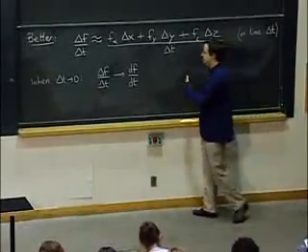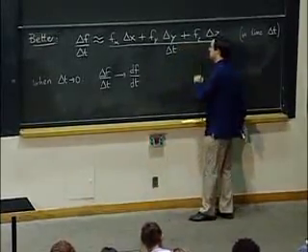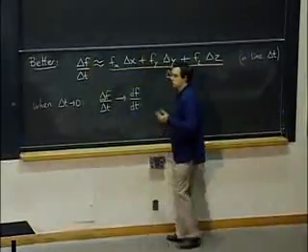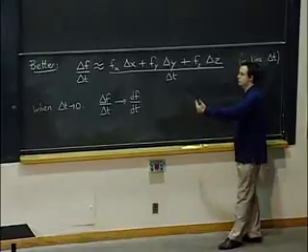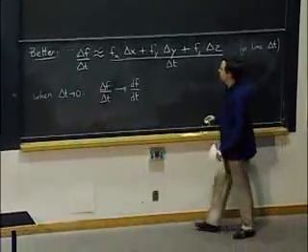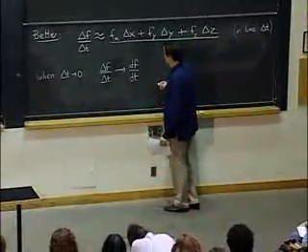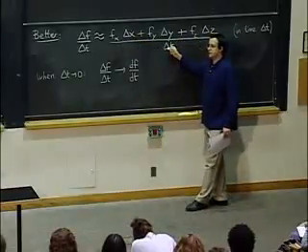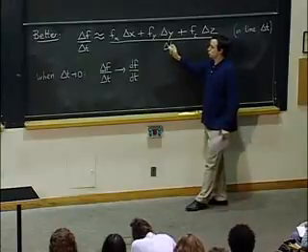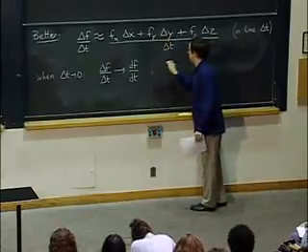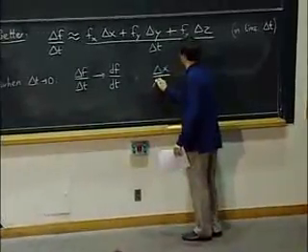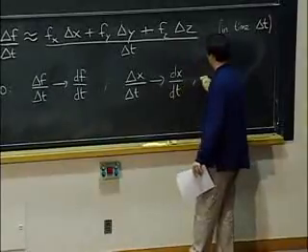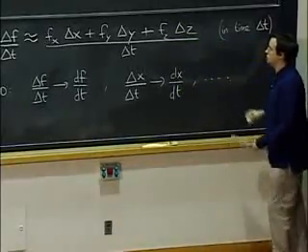So that means if I choose smaller and smaller values of delta t, then these ratios of numbers will actually tend to some value, and that value is the derivative. So similarly, here, delta x over delta t, when delta t is really small, will tend to the derivative dx dt. And similarly for the others.